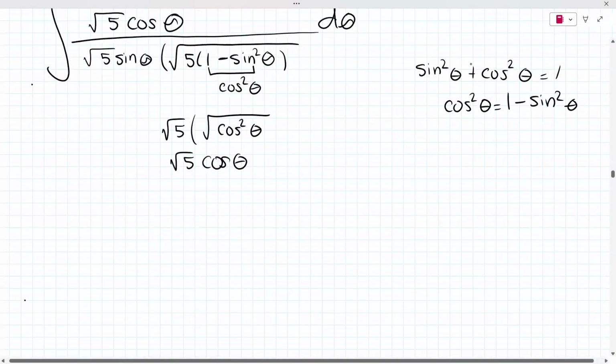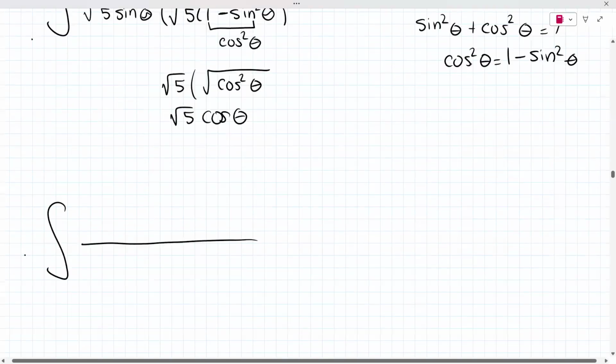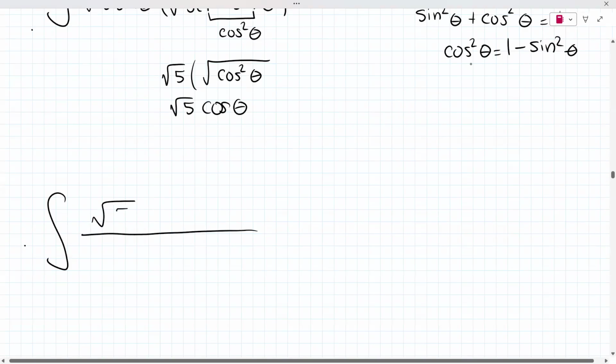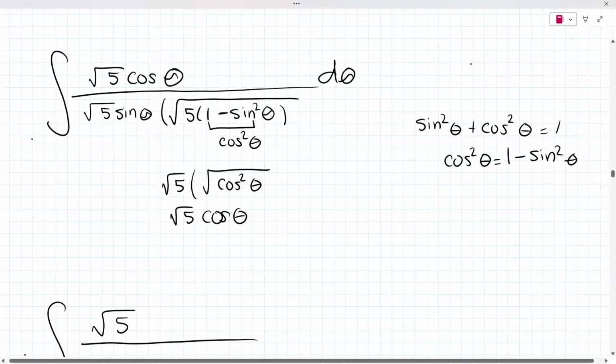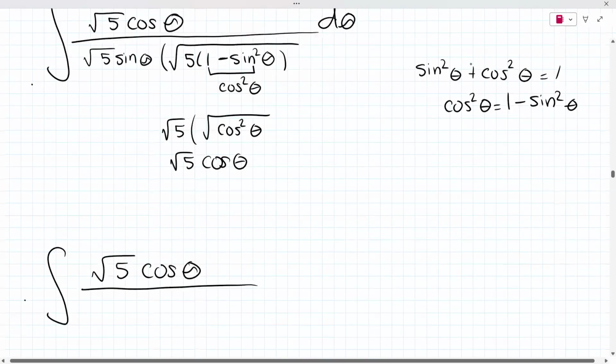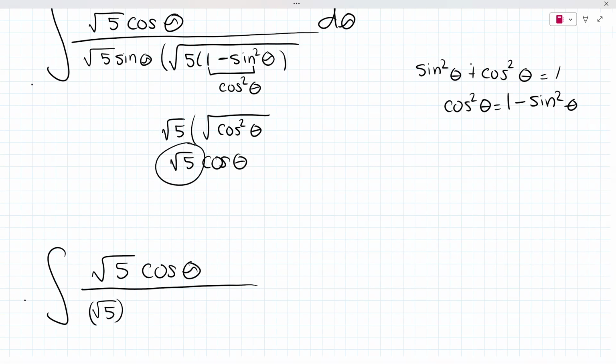So if you clean this up a bit, you have square root of 5, and then you also have this extra square root of 5. And then you have cosine theta on the bottom. And then it's all about canceling.